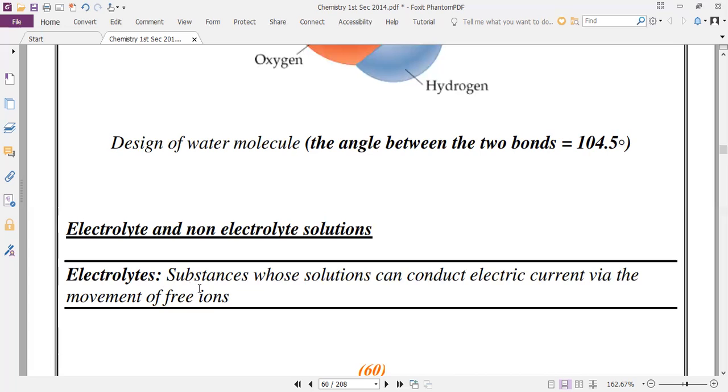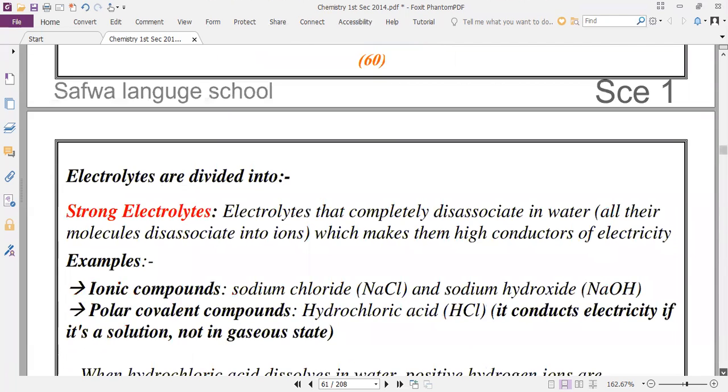An electrolyte can be defined as a substance whose solution can conduct electric current via the movement of free ions. Because it has free ions, it will be an electrolyte, a good conductor of electricity.